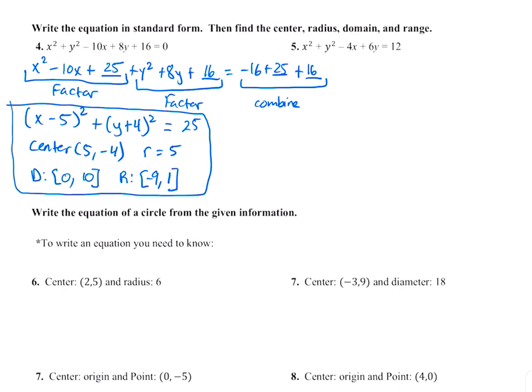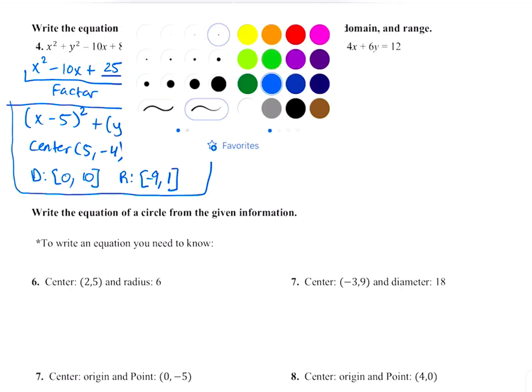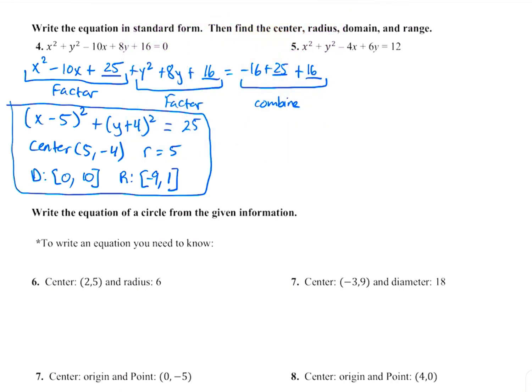And then now I'm going to go through that same process for this one. So I'm going to start by reordering, and as I reorder, I'm going to leave space to add in my own numbers. And since I'm a little crowded, I'm going to use a different color. So I will have x squared minus 4x plus blank plus y squared plus 6y plus blank equals 12.